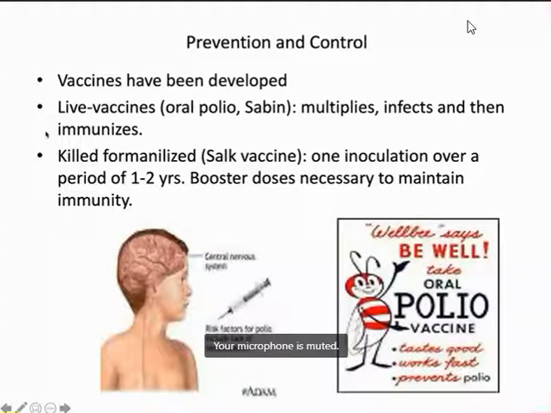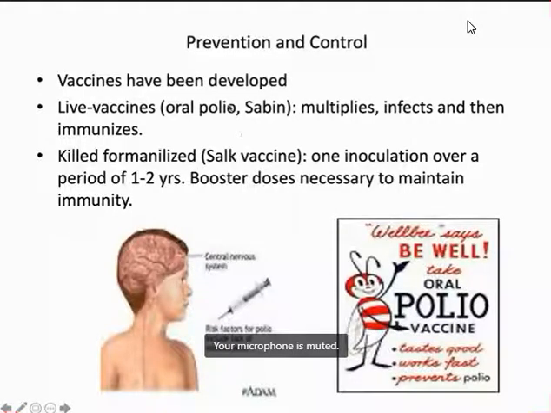These live oral polio vaccines are useful to maintain local immunity, because of IgA, since we administer them via the oral route. The viruses have a similar course as the natural poliovirus: they enter and multiply, but their pathogenesis has been lost.